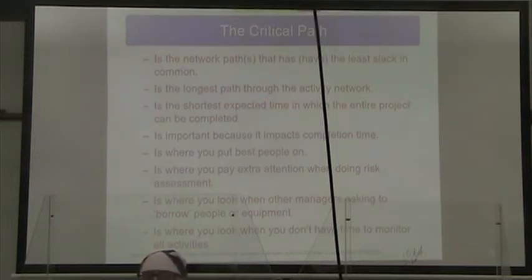It's what we're going to look at when somebody comes to us and asks for help in the form of our people, our equipment, our facilities, whatever, right? If it doesn't affect the critical path, then we can be magnanimous, we can be really generous and say, oh, certainly, Judith, here, use these people.